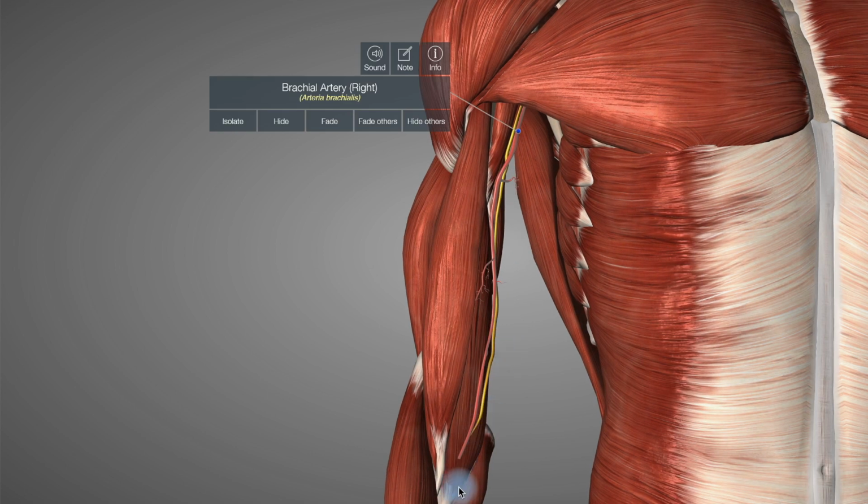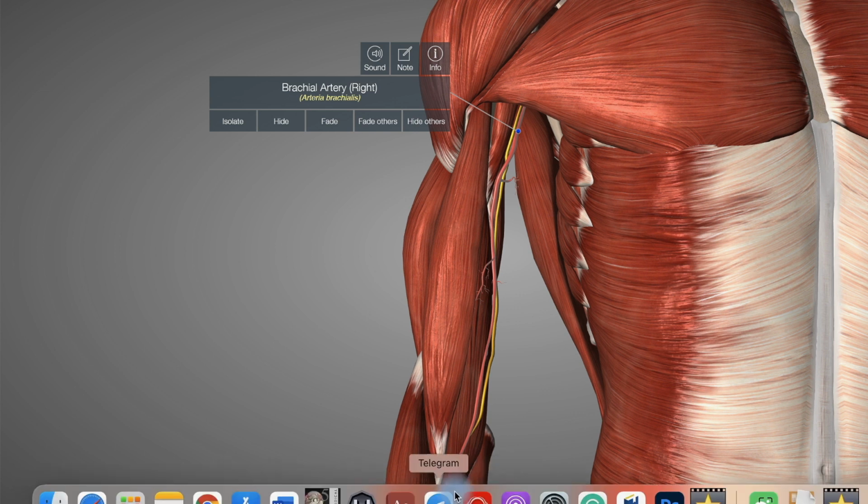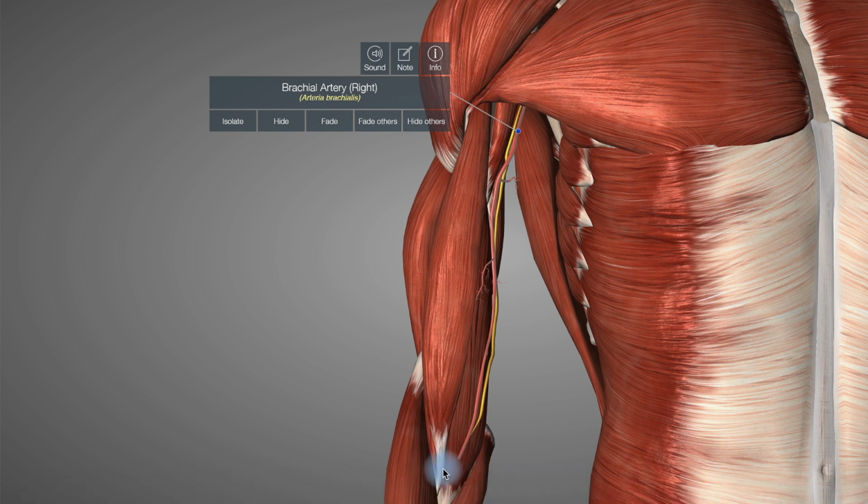This brachial artery divides into two divisions called the ulnar artery medially and the radial artery laterally, near the lower angle of this cubital fossa, right?